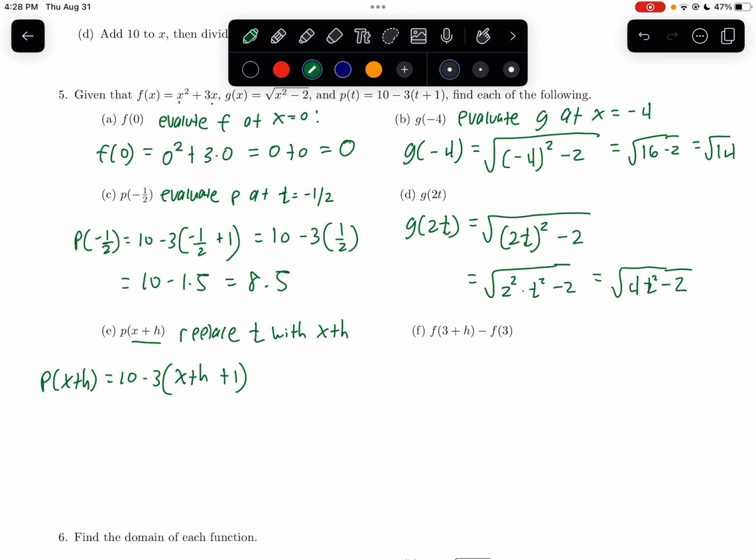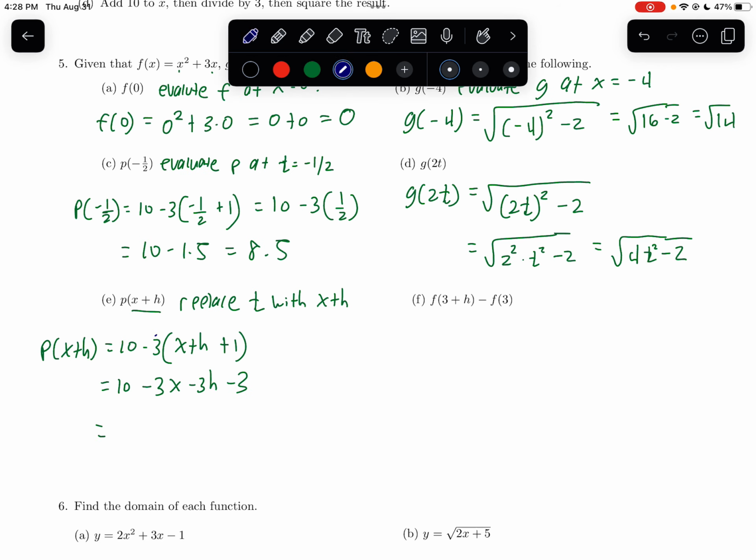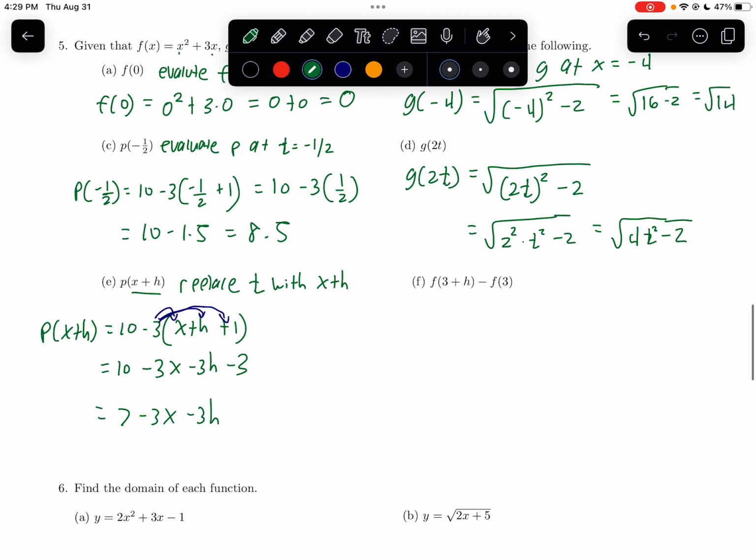You replace t with the quantity x plus h. Now you have to distribute this. So this would be 10 minus 3x minus 3h minus 3 by multiplying the negative 3 to every term inside the parentheses. And so you would have 7 minus 3x minus 3h, because 10 minus 3 gives you the 7 there.